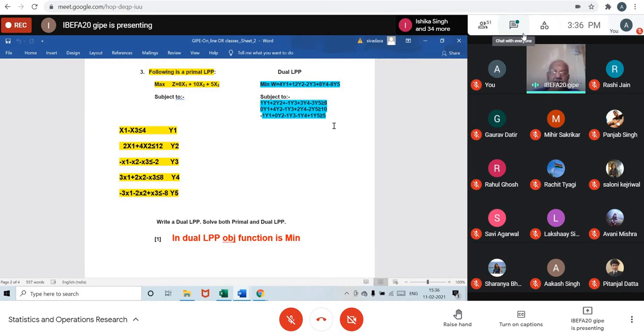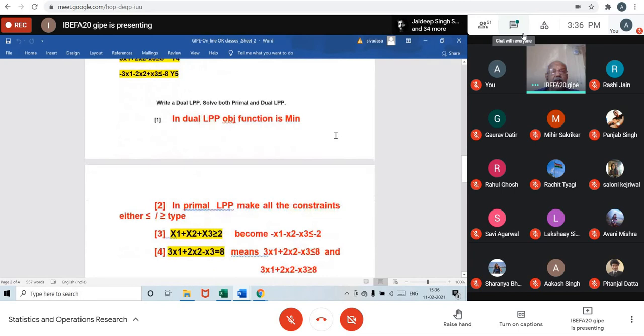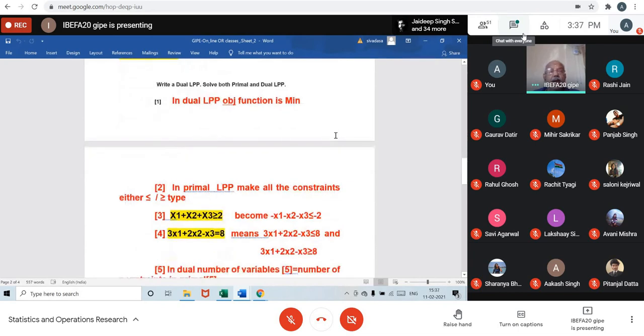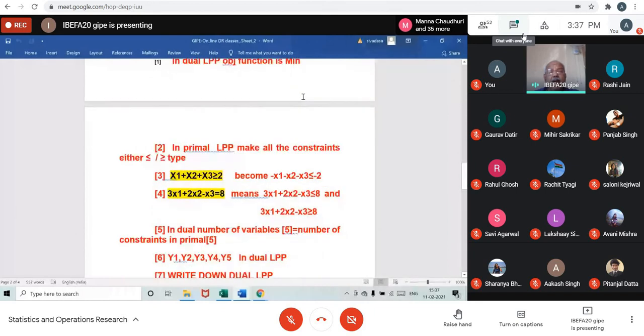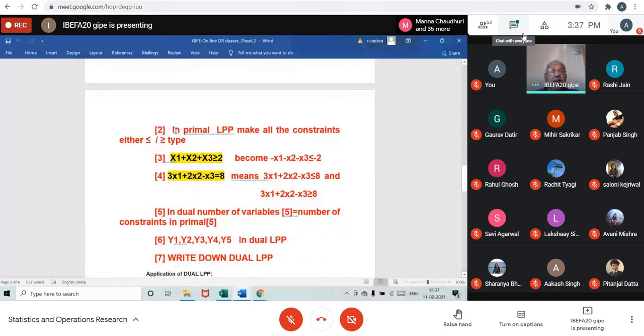Written in your sheet. In dual LPP, the objective function is minimum in this example. Number 2, make all the constraints of the primal LPP either less than or equal to type or greater than or equal to type. Example is shown.